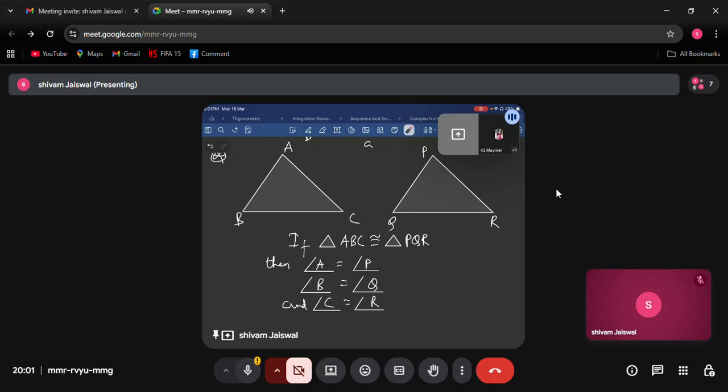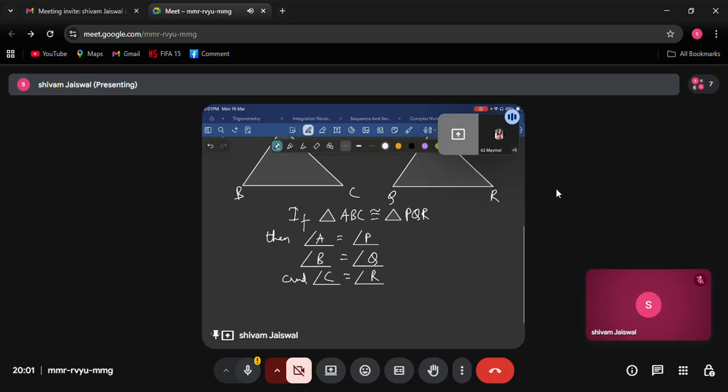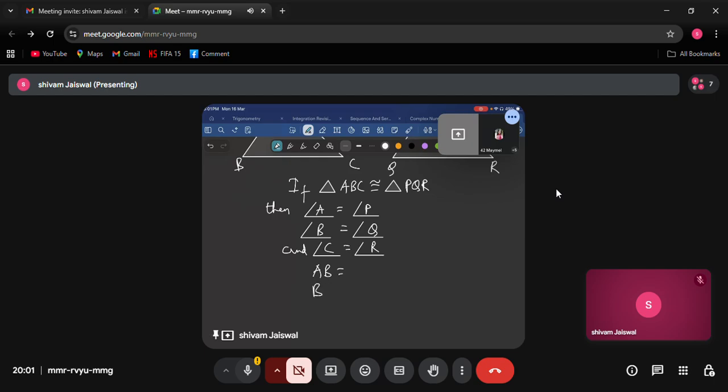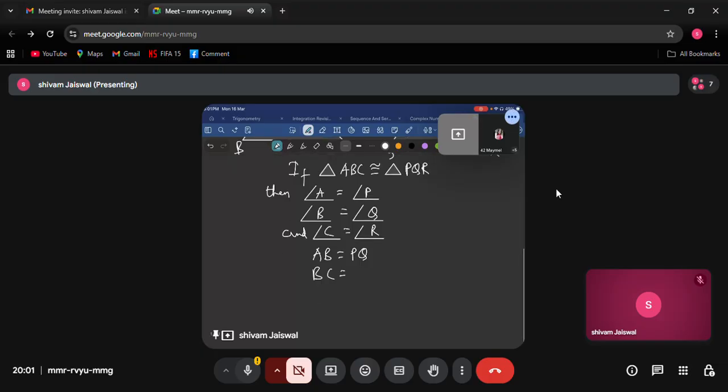While writing congruency, the order is very important. So if the order is important, the side AB will be equal to which side? Side PQ. BC will be equal to QR, and AC is equal to PR.